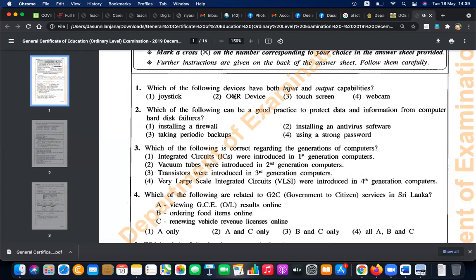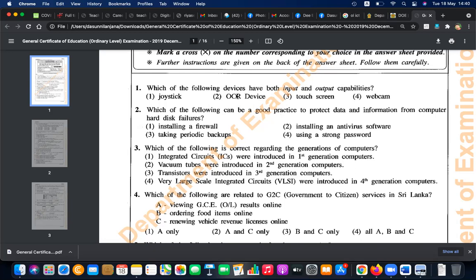And OCR, what is OCR? Optical character recognition. That means when you write something on paper and you want to scan and take the characters, when you scan, it becomes a single image.